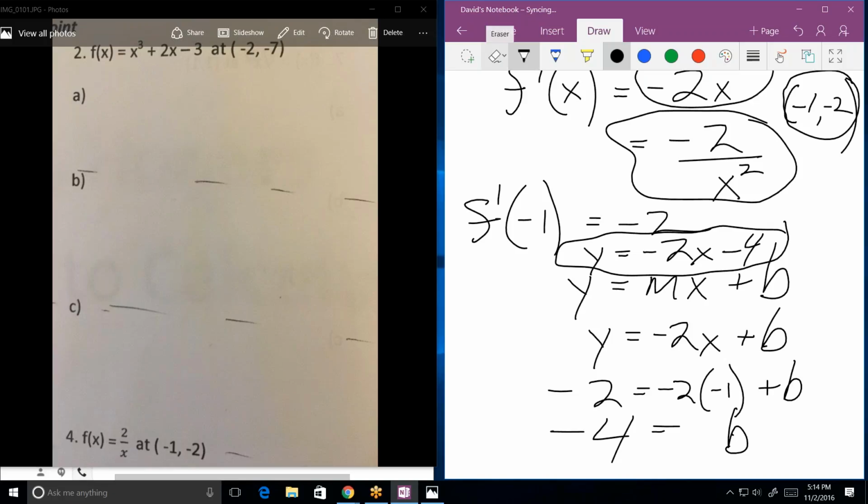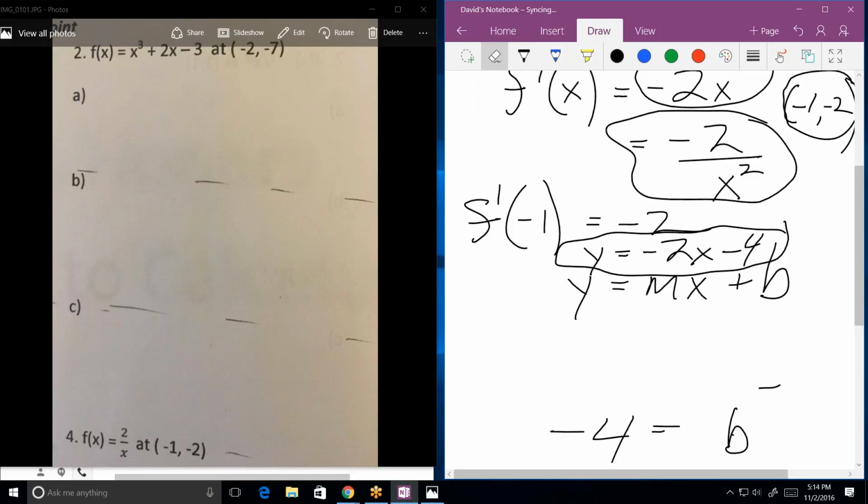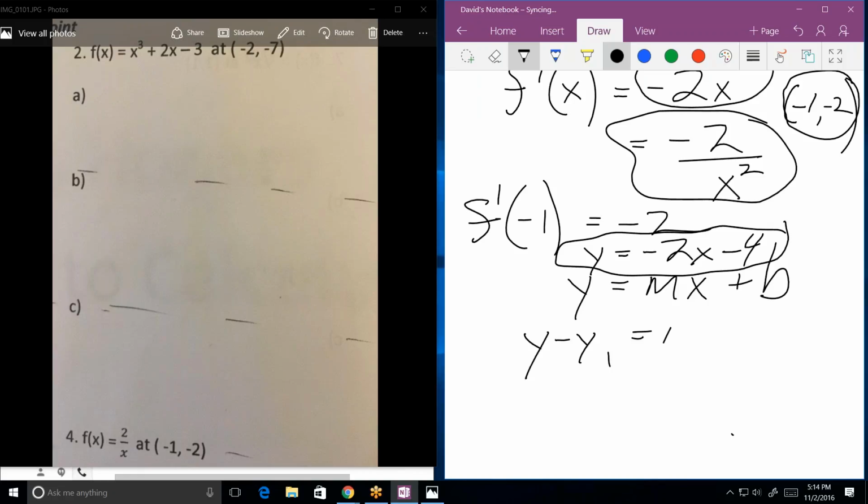Whereas if I want to do it using point slope, being y minus y sub 1 equals m times x minus x sub 1, I can do it in one step. Y minus a minus 2 equals minus 2 times x minus a minus 1.